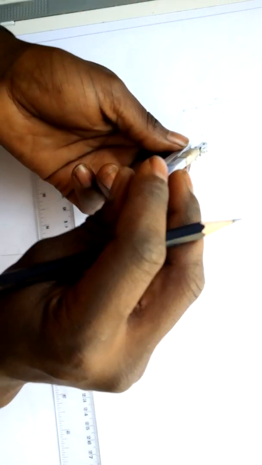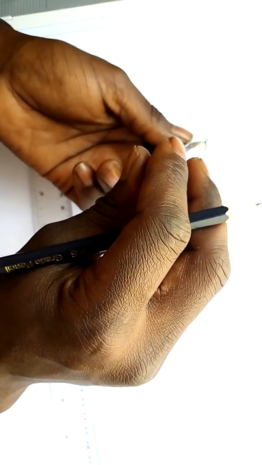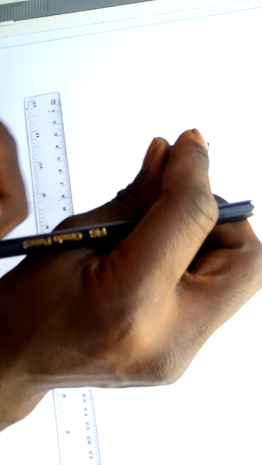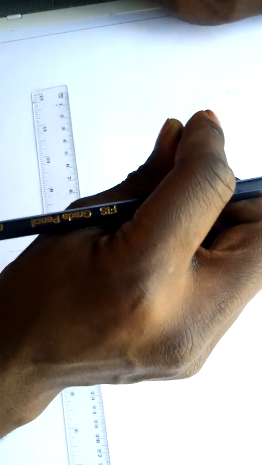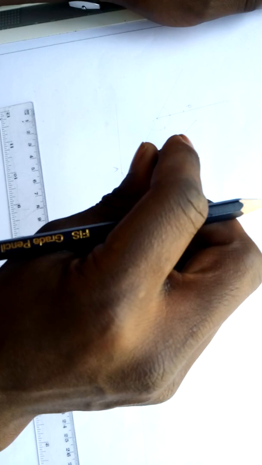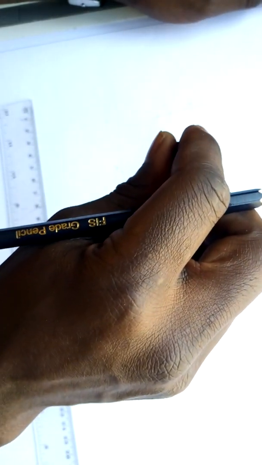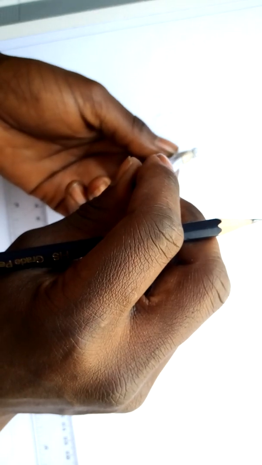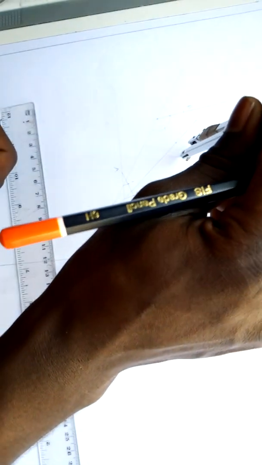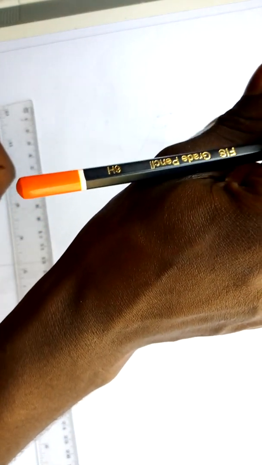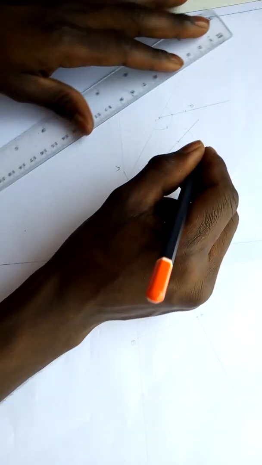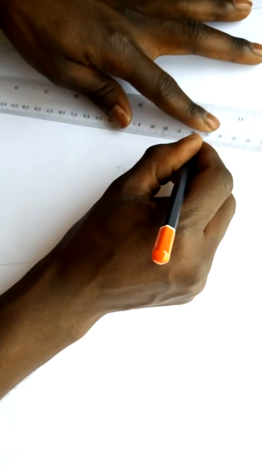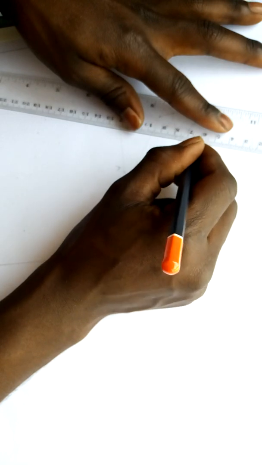Then you stand on the other side, on this point. You strike an arc. After striking an arc, stand on the same arc. Strike another arc. So that's my 120. So I'm just going to draw a straight line.